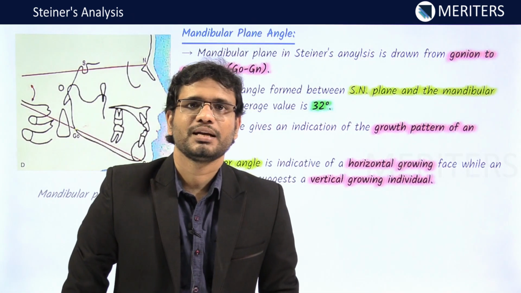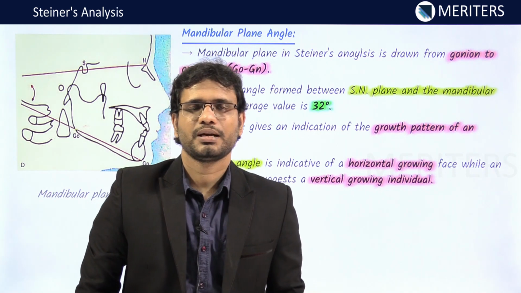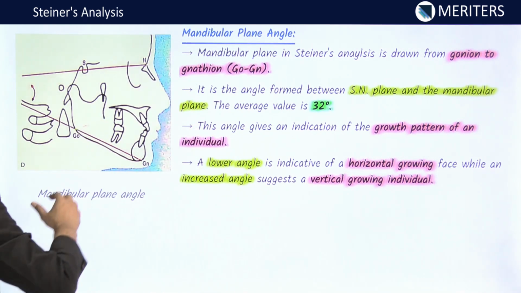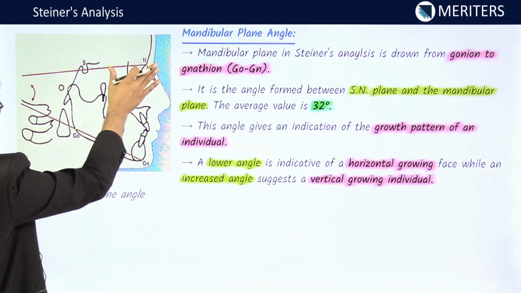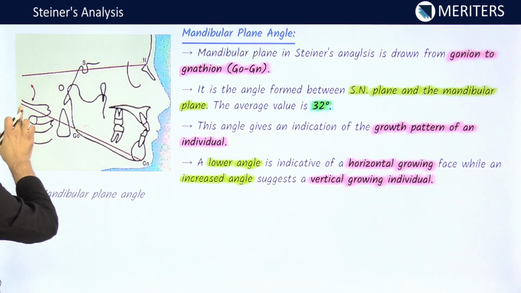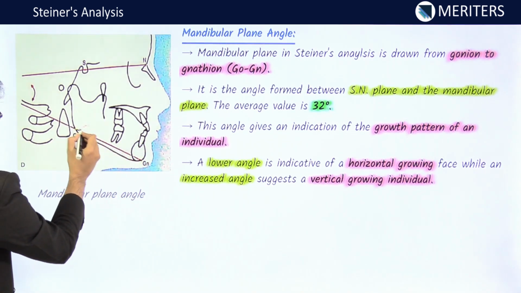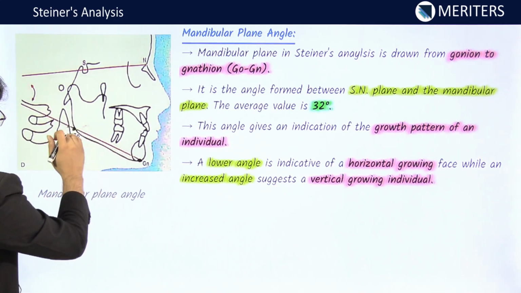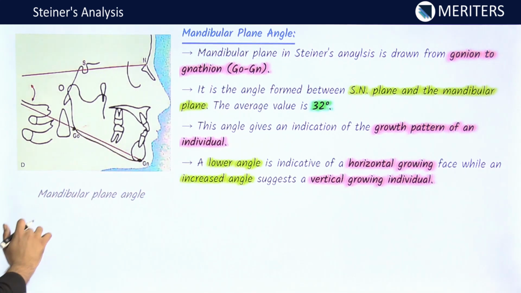Now the fourth parameter is the mandibular plane angle. This is also a skeletal parameter, and in this there will be a comparison between the SN plane and the mandibular plane. In the case of Steiner's analysis, the mandibular plane is the plane joining the points gonion and gnathion.